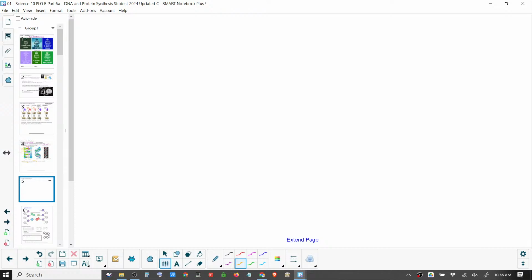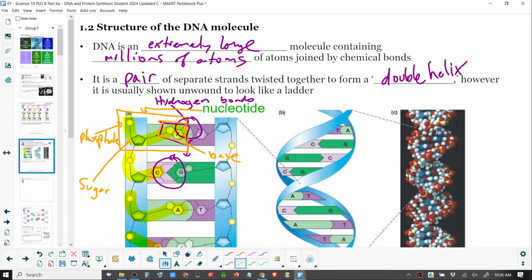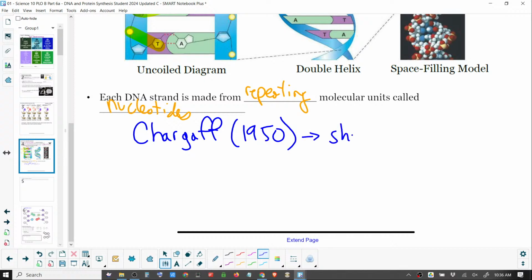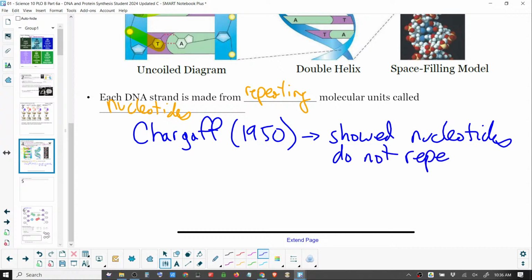Okay. Finish this off. A little bit of history. Professor Chargaff in 1950 showed the nucleotides don't have a repeating pattern.